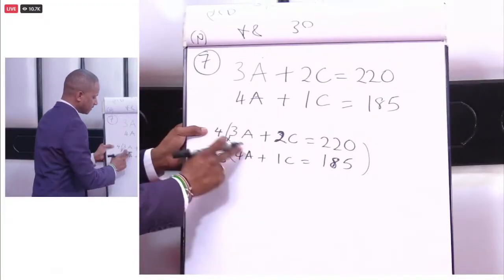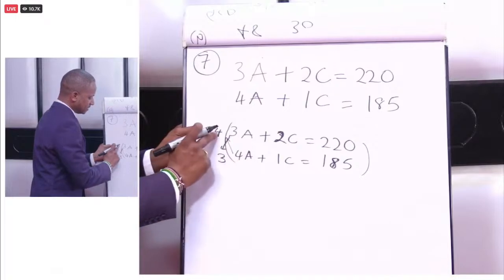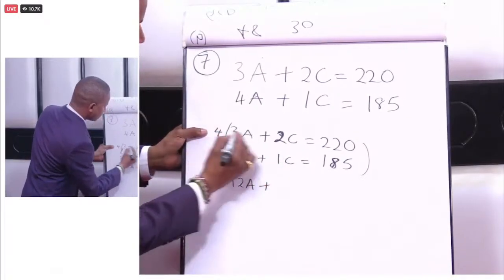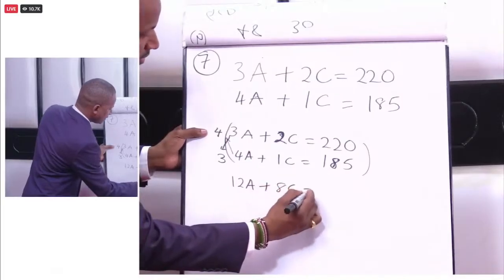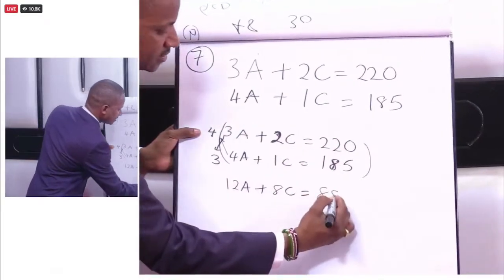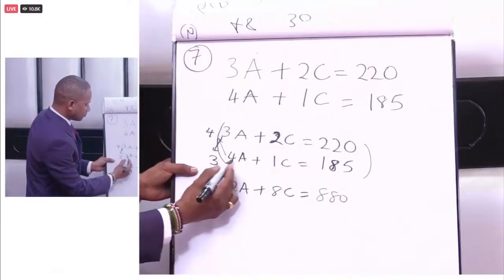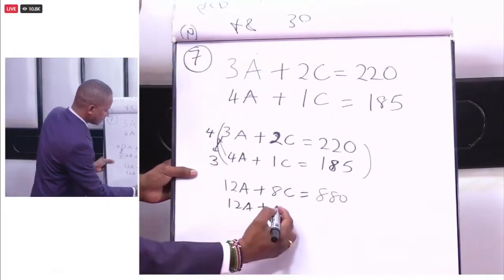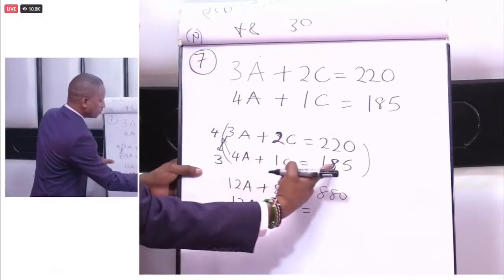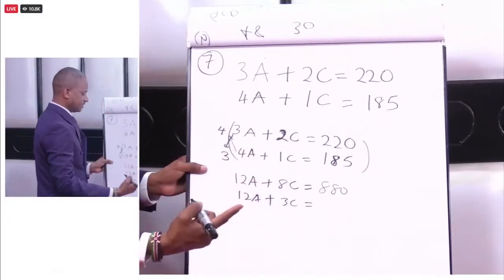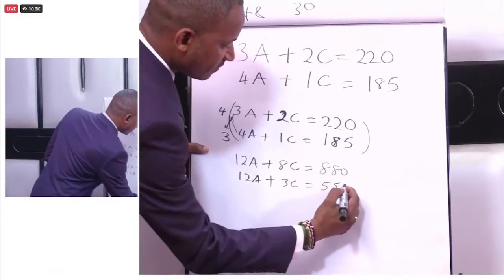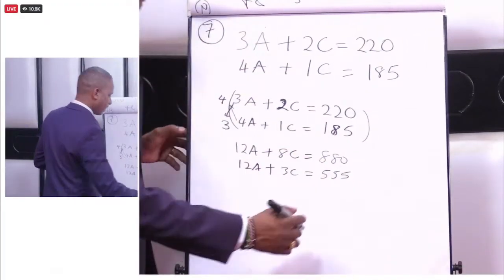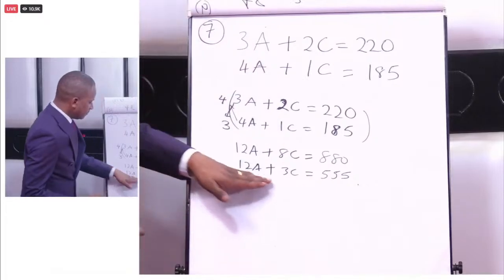So, if we multiply up by 4 and down by 3, this is going to be 12A plus 4 times 2, 8C, equals 4 times 220, which is 880. Then the lower one is also 12A plus 3 times 1C is 3C equals 185 times 3 is 555. Then what do we do here?